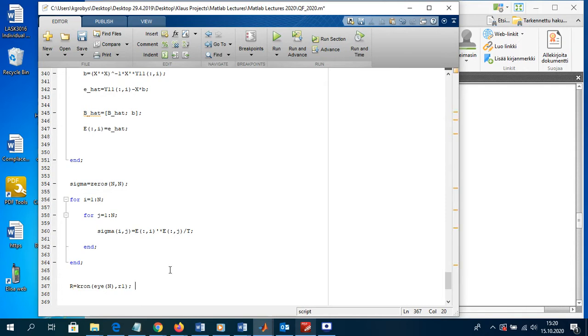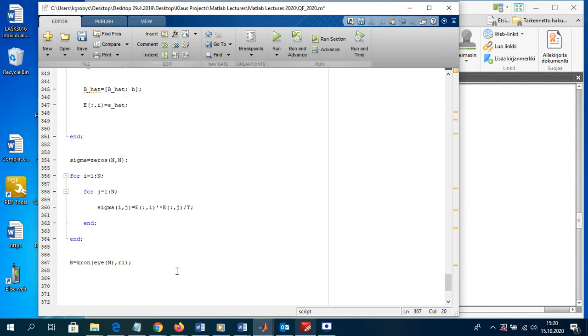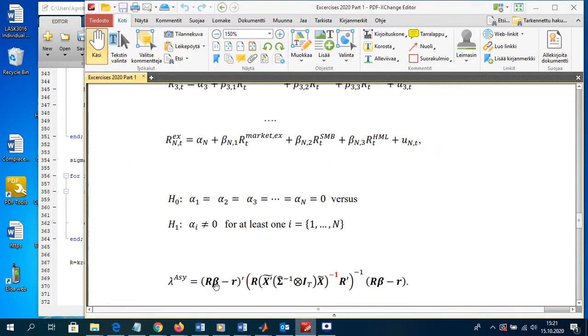How the Kronecker product works, we have derived in detail on the whiteboard. You should know that by now. So what we get out is an n by n times 4 matrix. So it's a 25 by 100 matrix, and it must be like that because our beta is 100 by 1.